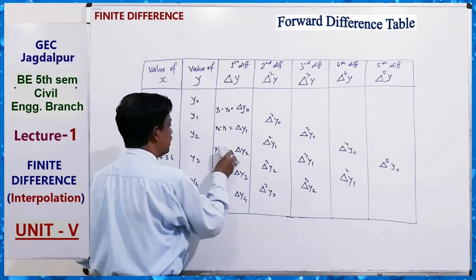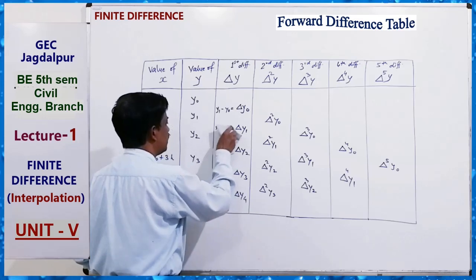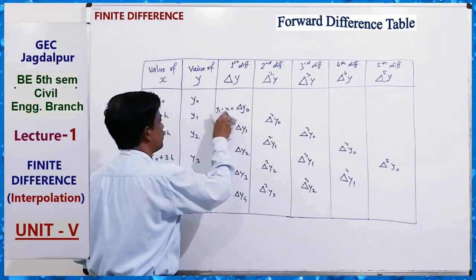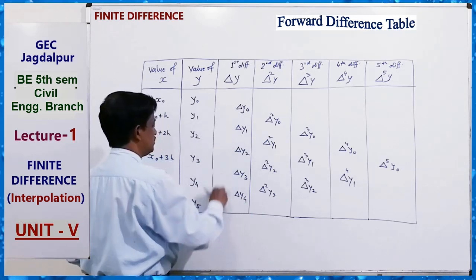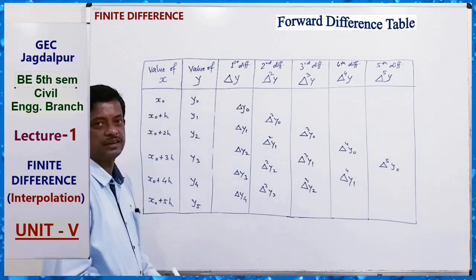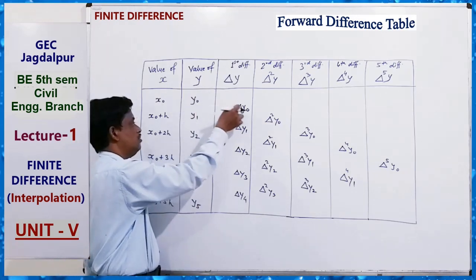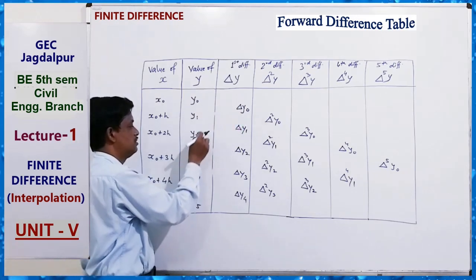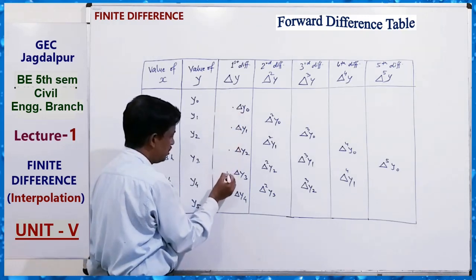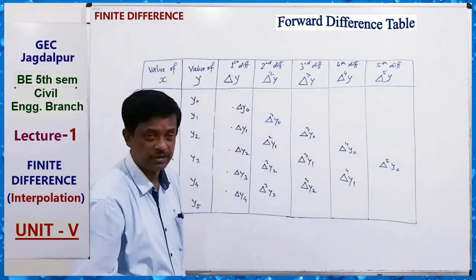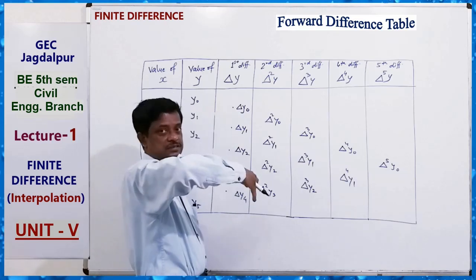Okay. So here we can see that for a given data, we can make a table and get forward differences of different order very easily. Just difference it. This minus this equal to this minus this. This position will give first order differences at different index.